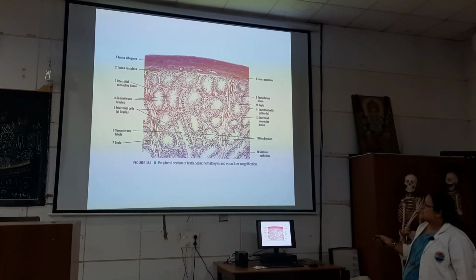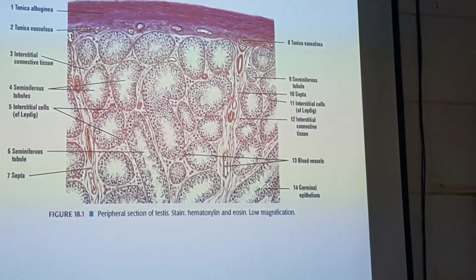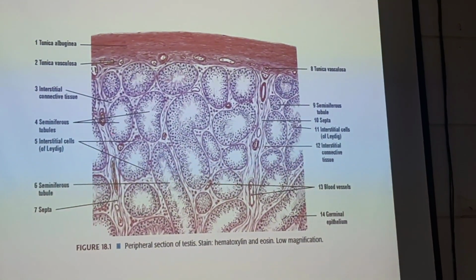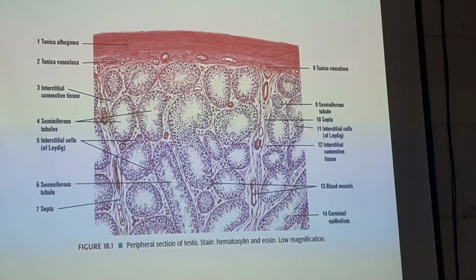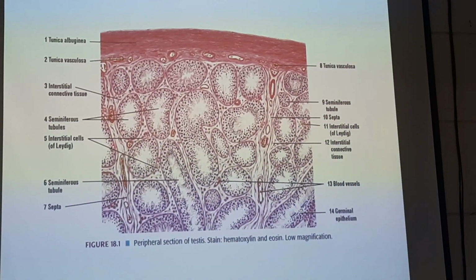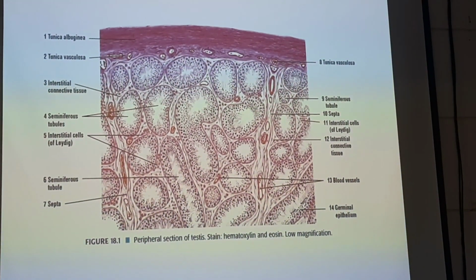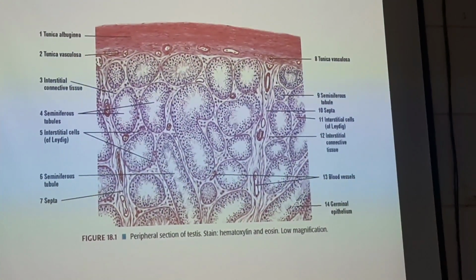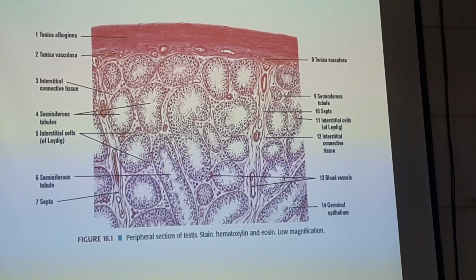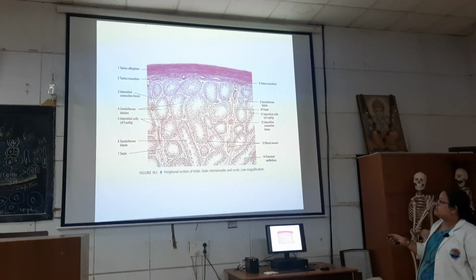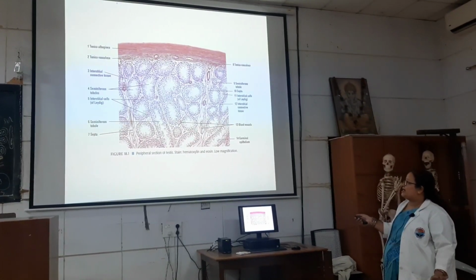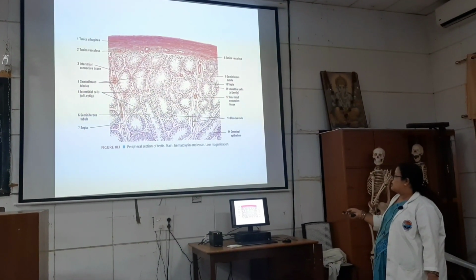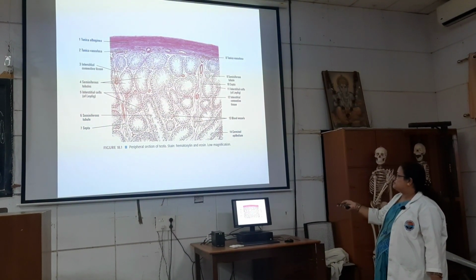These are the Sertoli cells, and in between the Sertoli cells you find the spermatogonial cells in the basal compartment, and the primary spermatocyte, the secondary spermatocyte, and the spermatids will lie in the adluminal compartment. Here you can see the lumen is free. You don't find anything in the lumen.